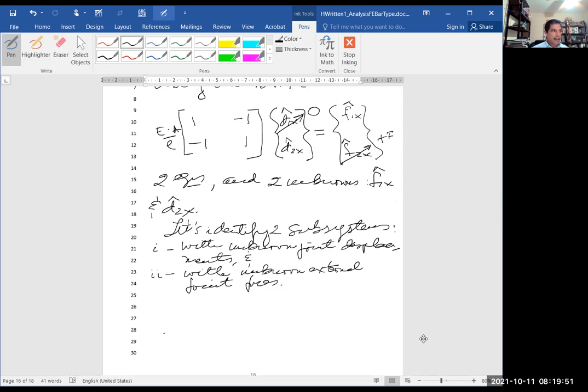Okay, so what we do here is we first solve for the unknown displacements.